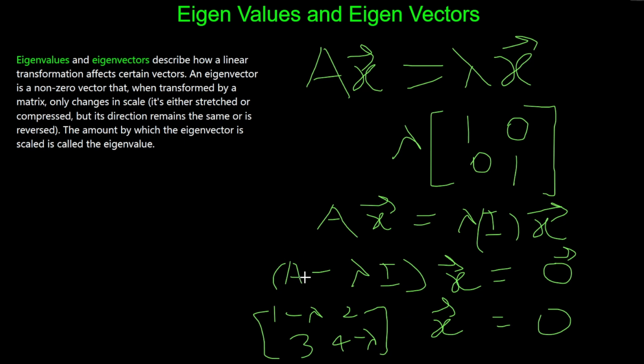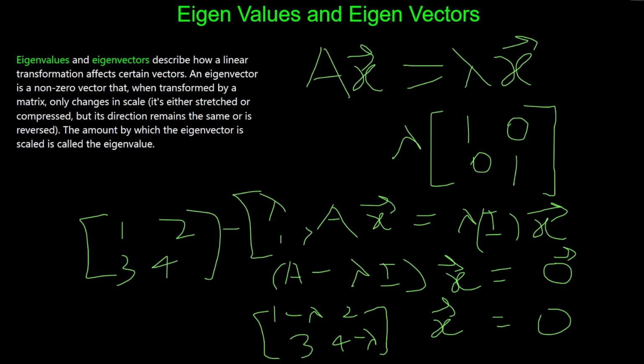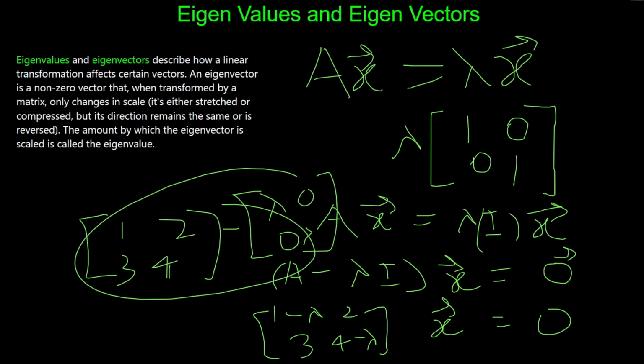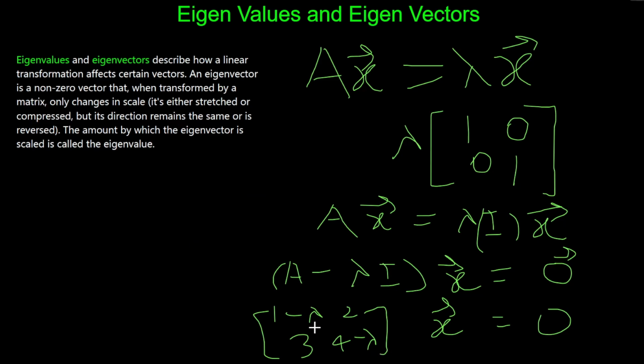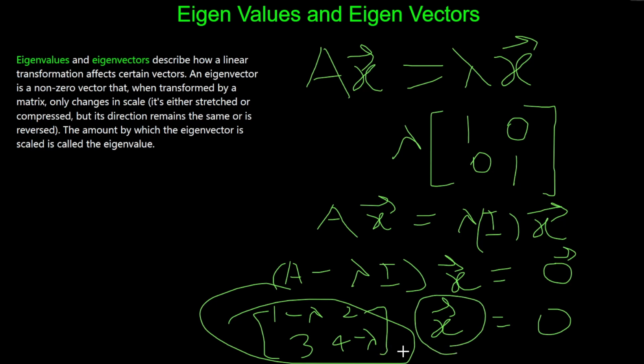So we can represent this with an example like this. Let's take the transformation matrix A as a random matrix 1, 2, 3, 4 subtracted by lambda times the identity matrix. If we do this, we will land here. So this is essentially a linear transformation. This is the transformation matrix and this is the vector.